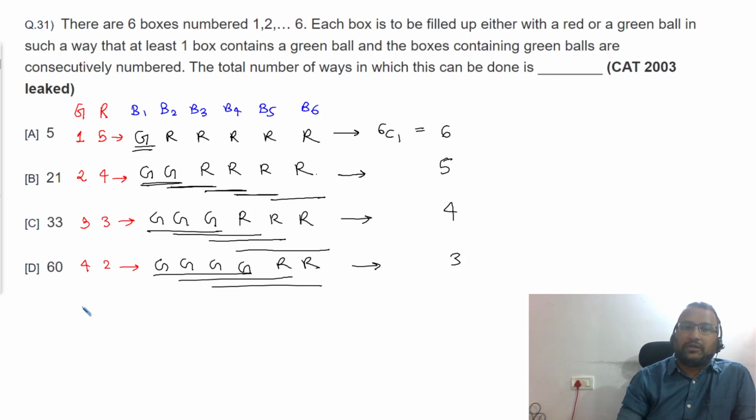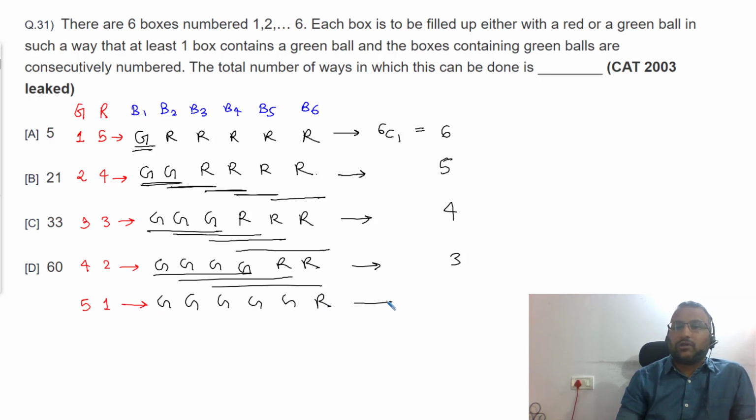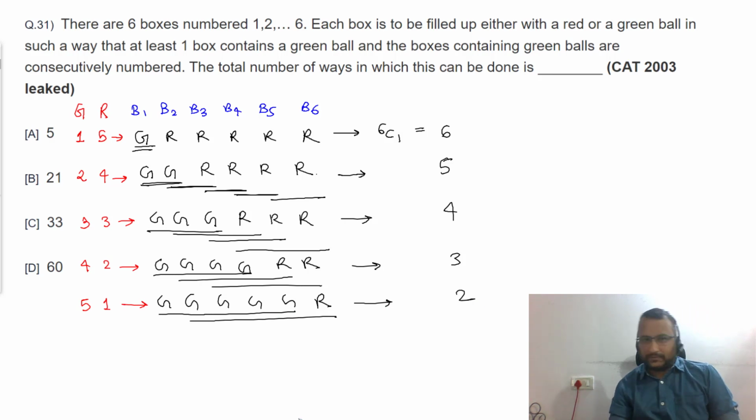The next possibility is green ball is available in 5 boxes, red is available in 1 box. In how many ways can you do this? Green ball is available in 5 consecutive boxes, remaining 1 ball is red. In how many ways can you choose 5 consecutive boxes for the green color? This is one way, this is the second way. There are 2 ways of doing this.